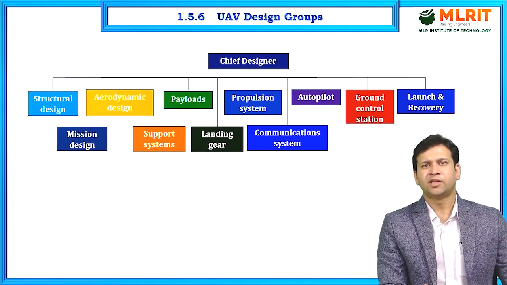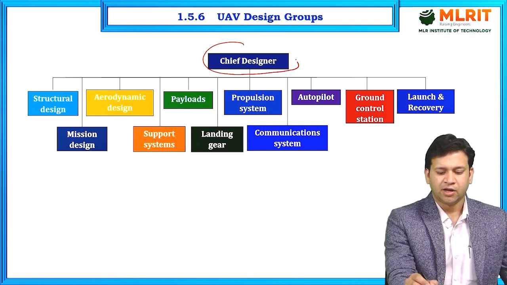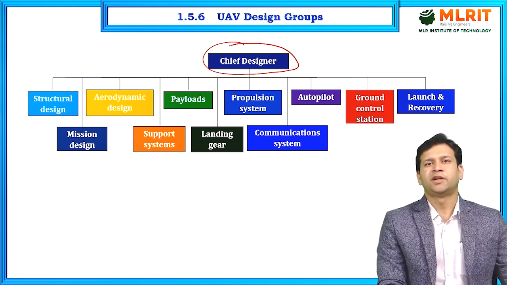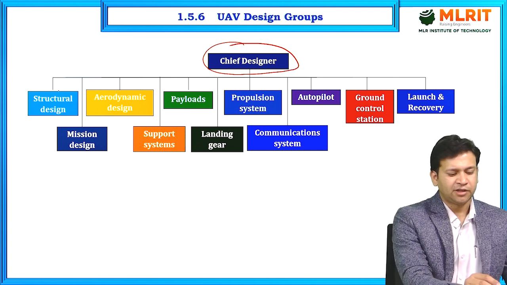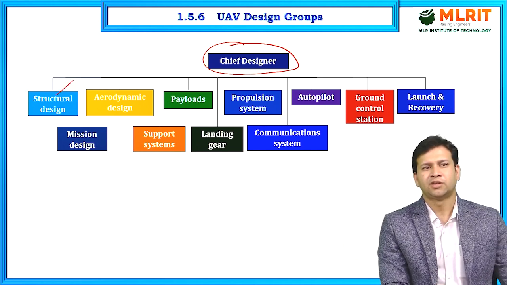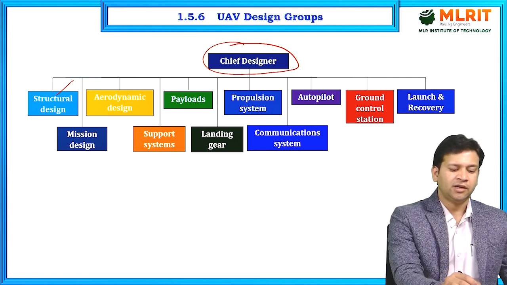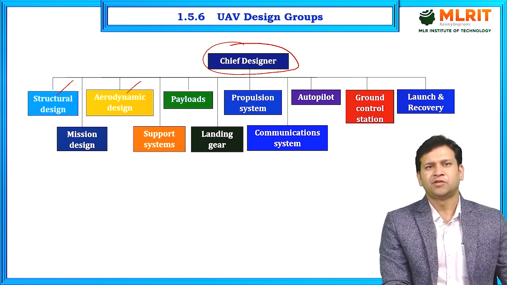This is basically the UAV design group, where a chief designer will be in charge of the entire UAV design, and under him there will be experts in the structural department who will be taking care of structural components and structural integrity. Then the aerodynamics team will be working on streamlining the body.